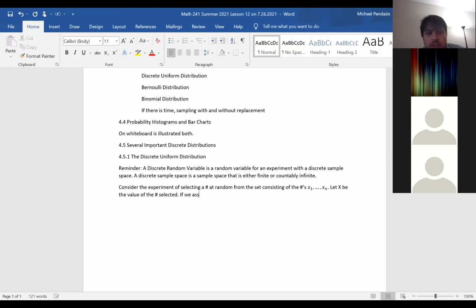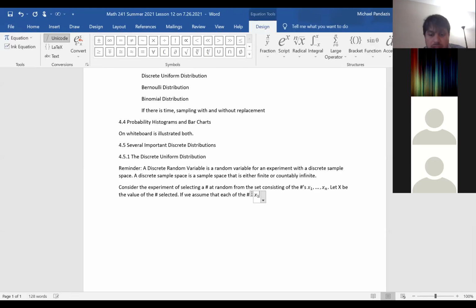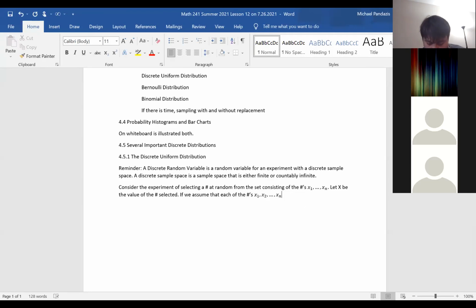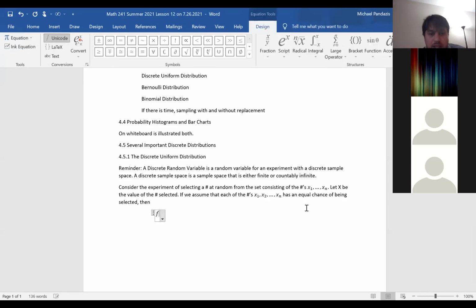If we assume that each of the numbers x1, x2, and so forth, xn has an equal chance of being selected, then f of x sub i, f of any of the x values, is equal to the probability that the random variable capital X is equal to that number selected.